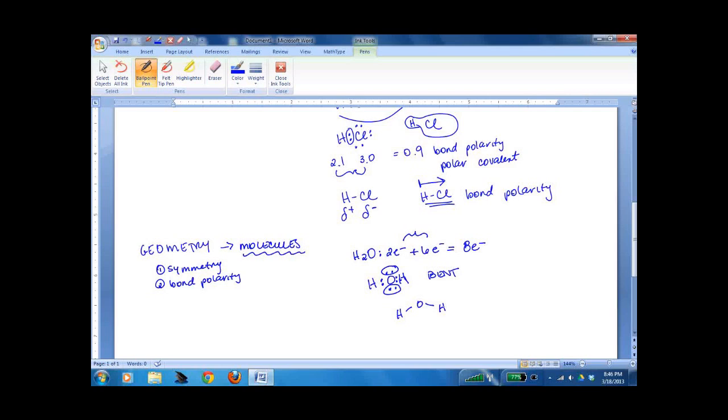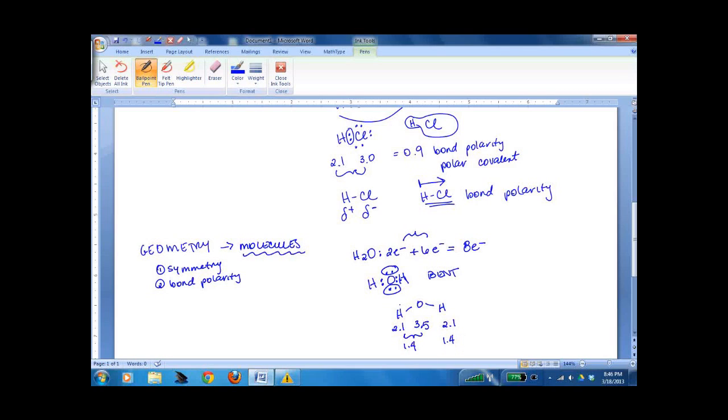We could predict it, but let's actually also calculate it. Oxygen has an electronegativity of 3.5. Hydrogen has an electronegativity of 2.1. If we subtract these, each bond will have a polarity of 1.4.